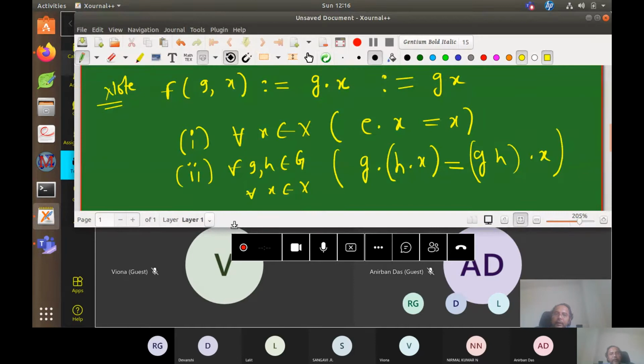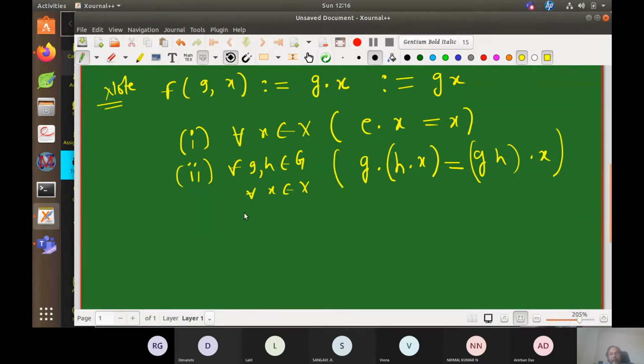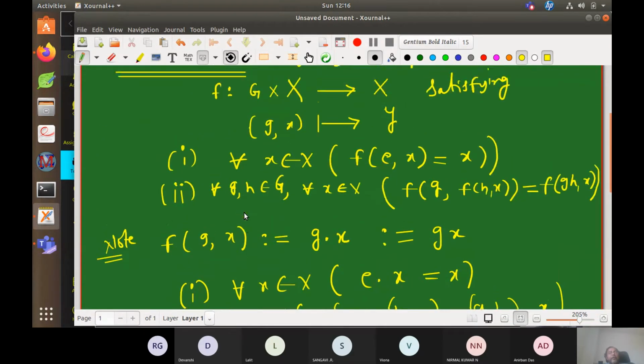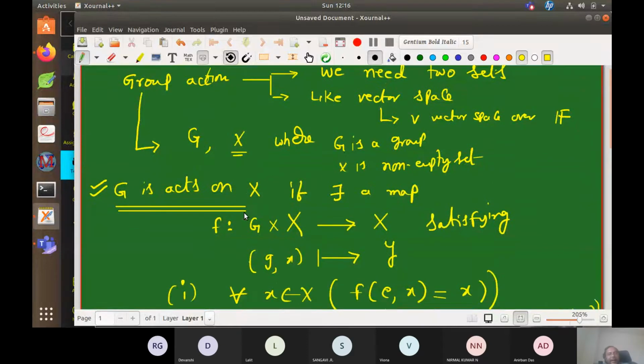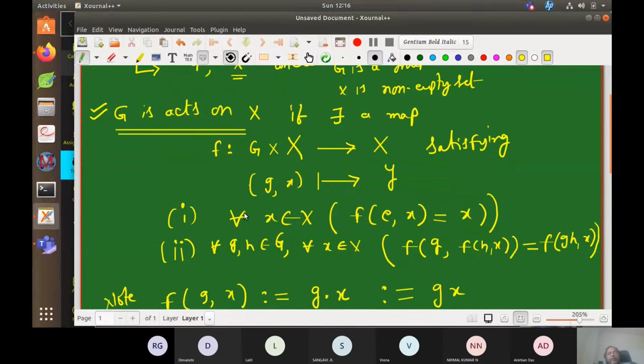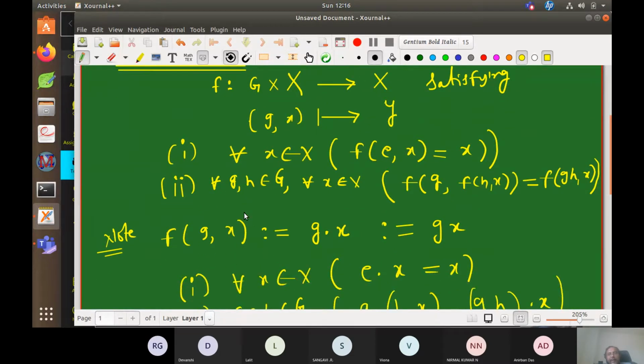I'll repeat again. Group action requires two sets, G and X, like a vector space V over a field F. G acts on X if there exists a map f from G cross X to X satisfying the conditions that for every x in X, f of e comma x equals x, and for every g, h in G and x in X, g acting on h x, that is h acting on x and then g acting, is the same as gh acting on x.